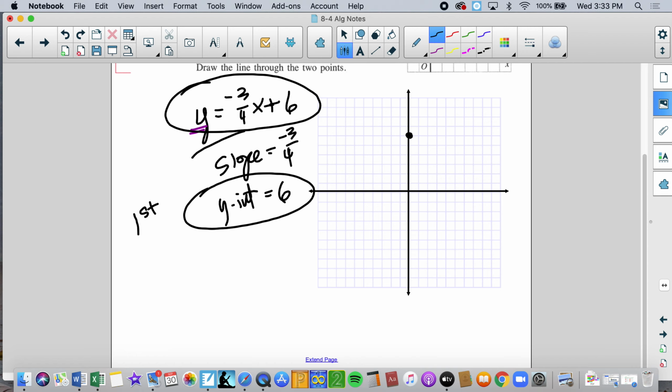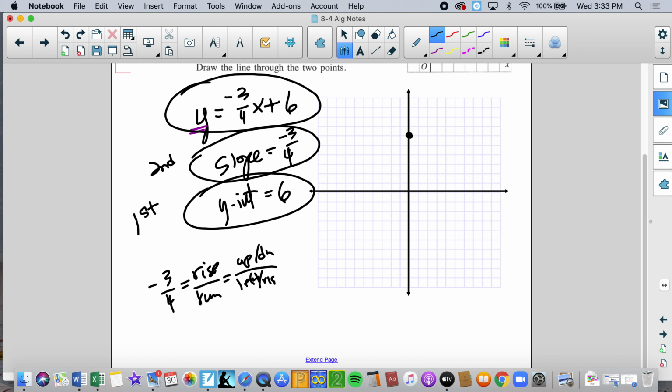Now I'm going to use the slope second. If my slope is negative 3/4, that means my rise over run, rise is up, down, and run is left, right. So in slope-ese, -3, negative means down 3, and +4 means right 4.